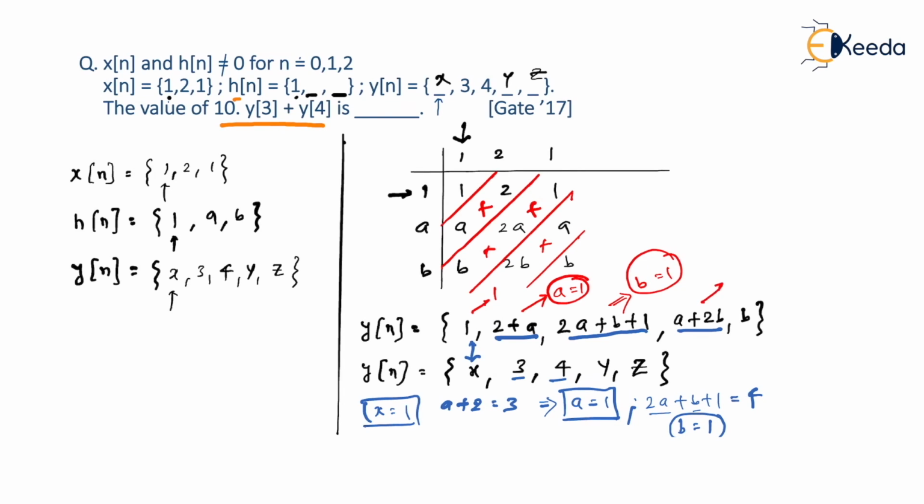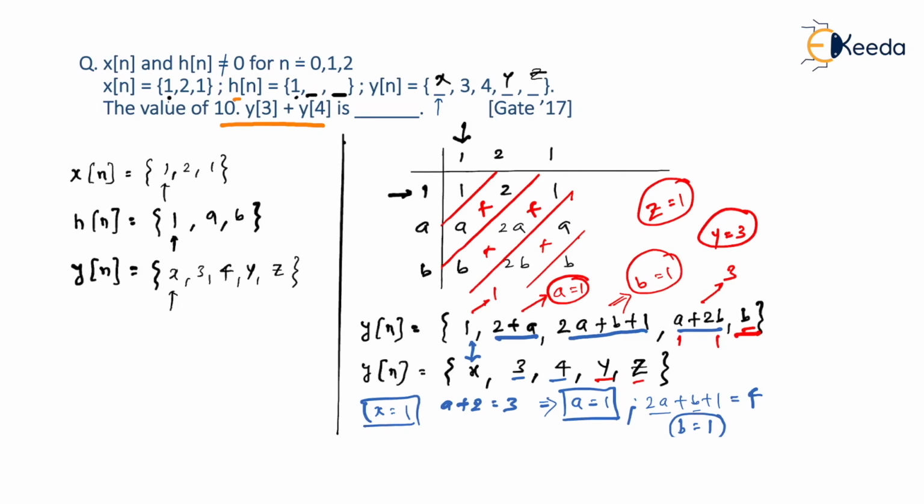Now substitute the values of a and b here. Since a is 1 and b is 1, 2 plus 1 will become 3. So this has become 3, which means y is equal to 3. And finally, the value of z is equal to b, which is 1, so z equals 1.